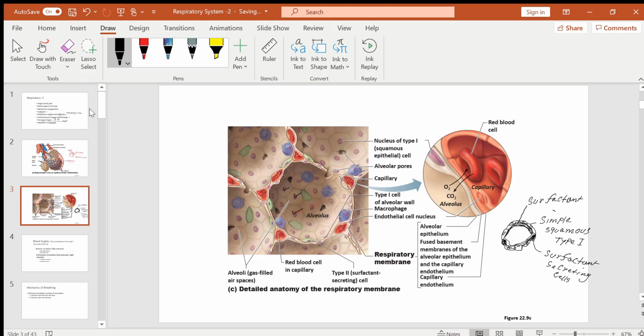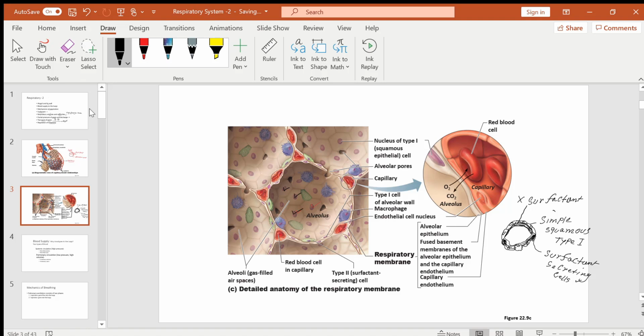If the surfactant is absent, then the alveolus will collapse, and that happens in infants due to lack of surfactant secreting cells in the wall of the alveolus. It is a genetic disorder mainly.